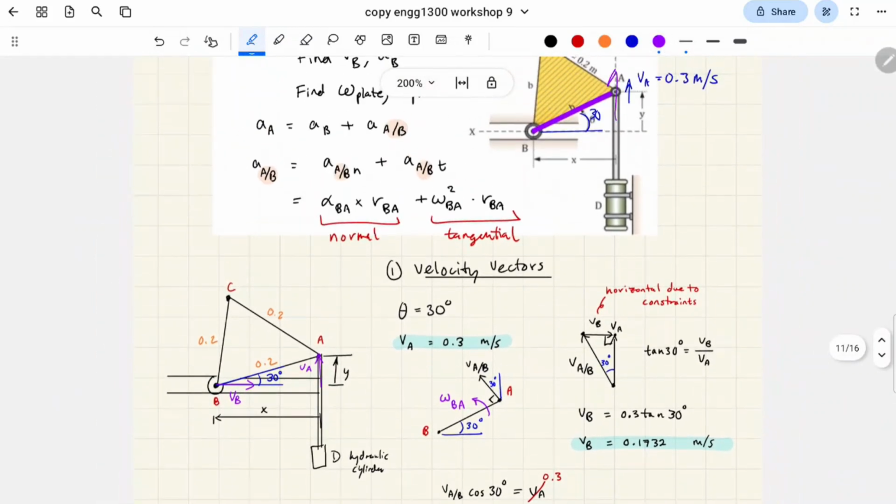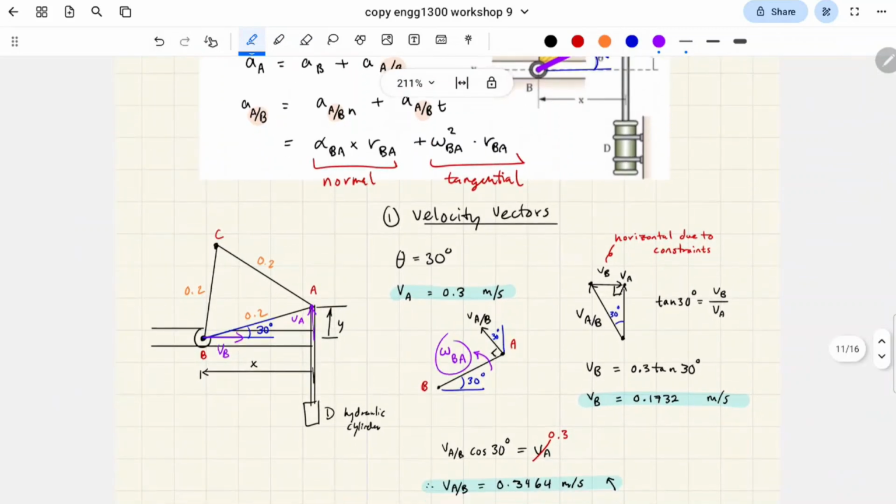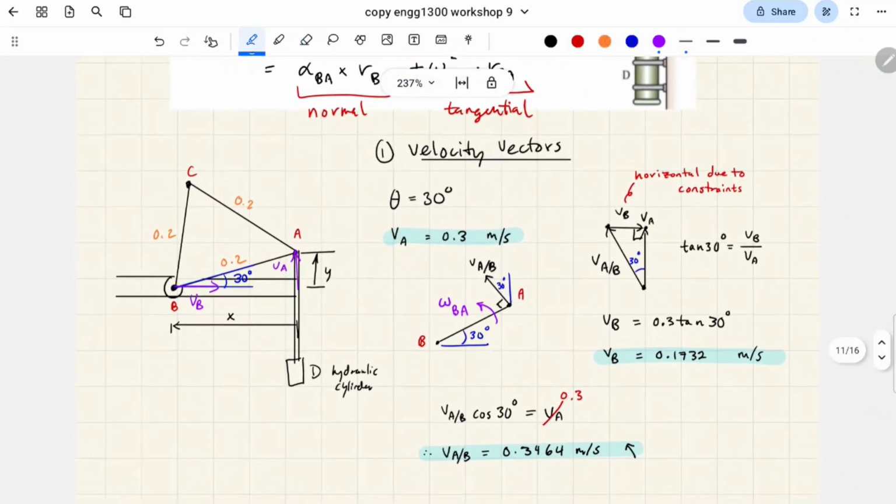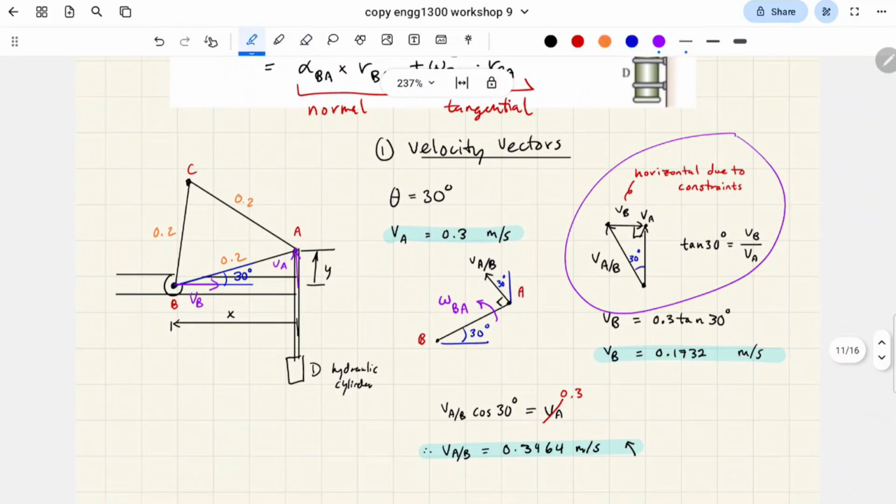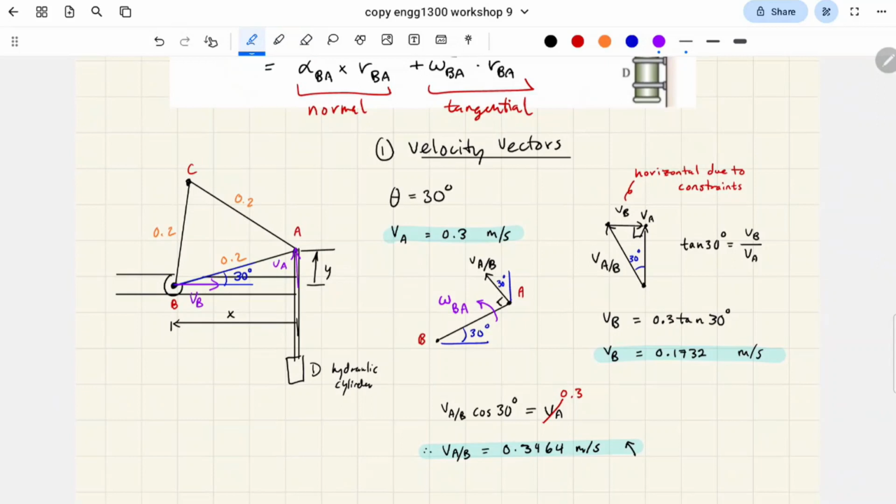Because that's going up, this is going to want to spin counterclockwise, right? Leading to omega BA being counterclockwise, and therefore the relative velocity of A to B going in that direction. Now I've drawn the velocity triangle where we know A, right?